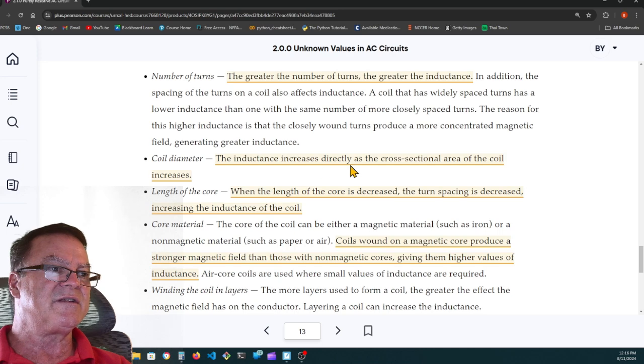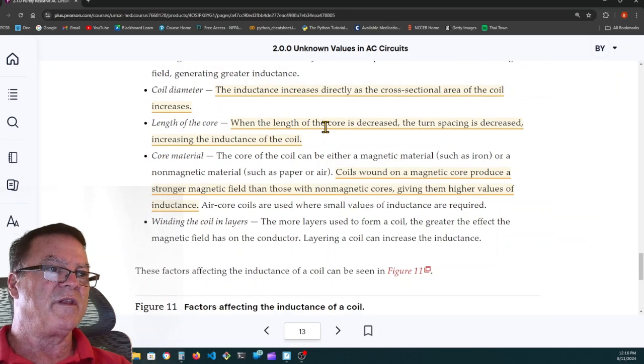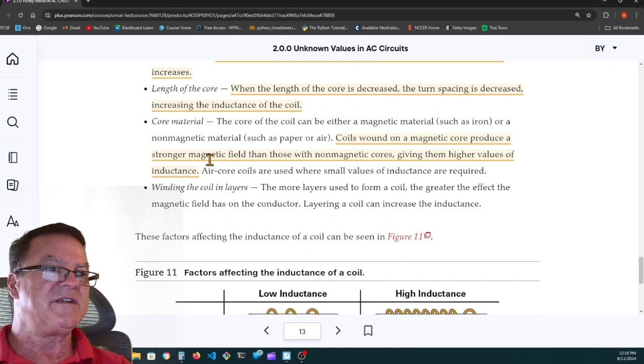The inductance increases directly as the cross-sectional area of the coil increases. The length of the core. When the length of the core is decreased, the turn spacing is decreased, increasing the inductance of the coil. And the coil material. Coils wound on a magnetic core produce a stronger magnetic field than those with non-magnetic cores, giving them higher values of inductance.